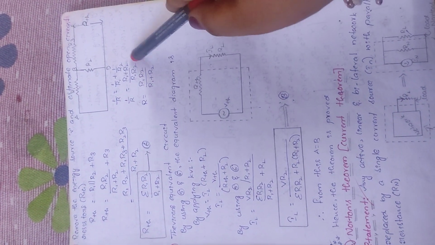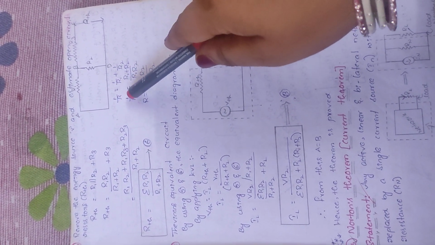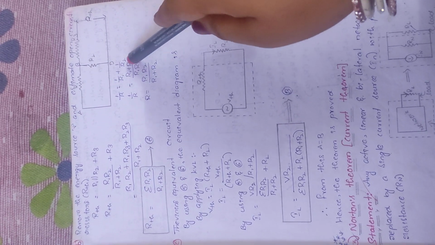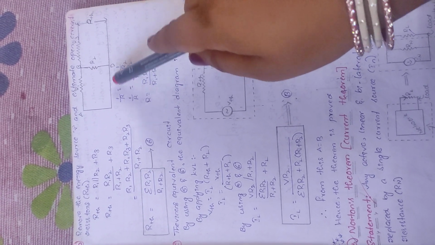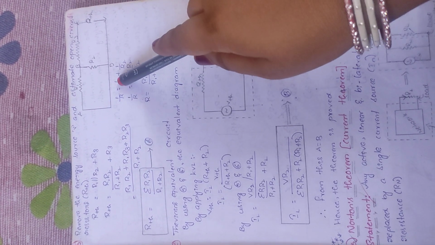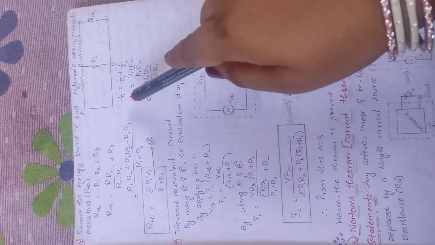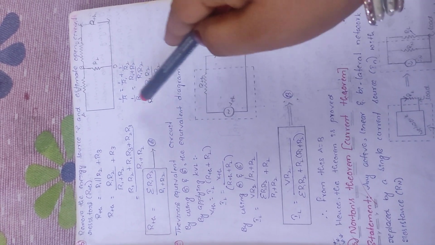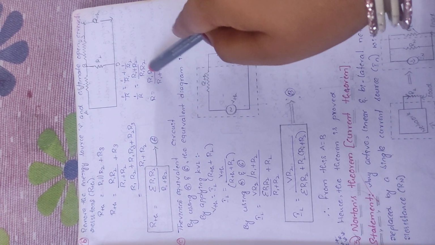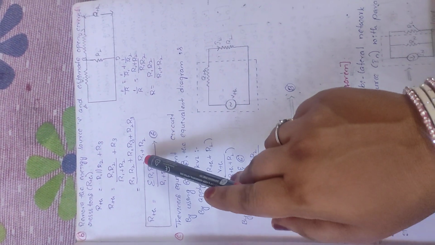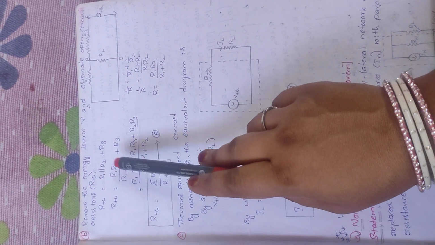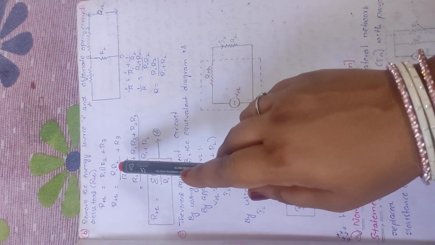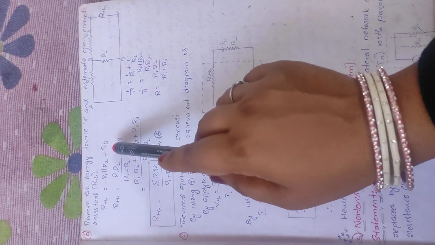Here I have solved: for total resistance, 1 by R is equal to 1 by R1 plus 1 by R2. Taking the LCM R1 R2, we get 1 by R is equal to R1 plus R2 by R1 R2, and taking the reciprocal, R is R1 R2 by R1 plus R2. Now R1 parallel to R2, that is R1 R2 by R1 plus R2, plus R3.